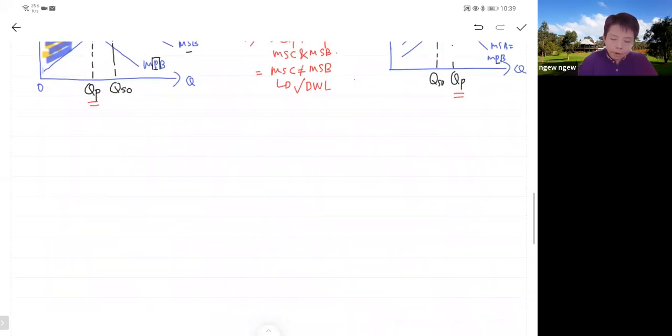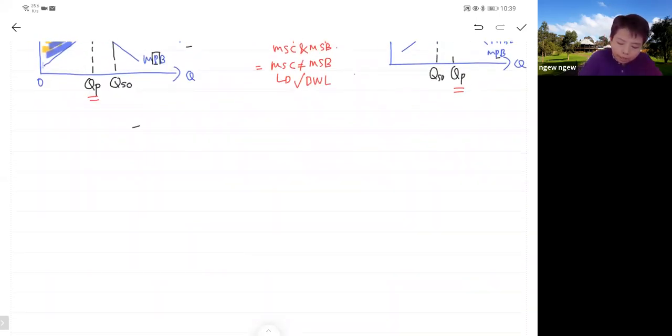Okay. Now, based on the same method, if it is positive production externality, meaning to say producers' action brings positive effect to the third party.